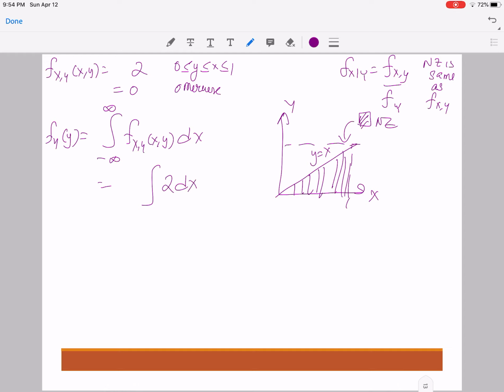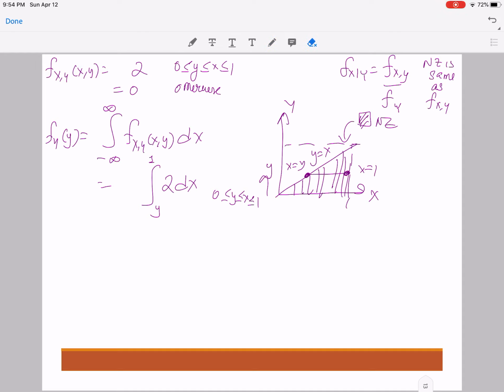So here, for any y, x varies from this point where x is equal to y all the way to this point where x is equal to 1. So the limits of integration will be from y to 1. Now I'm integrating the joint PDF here, whose non-zero probability region is given by this equation right here.